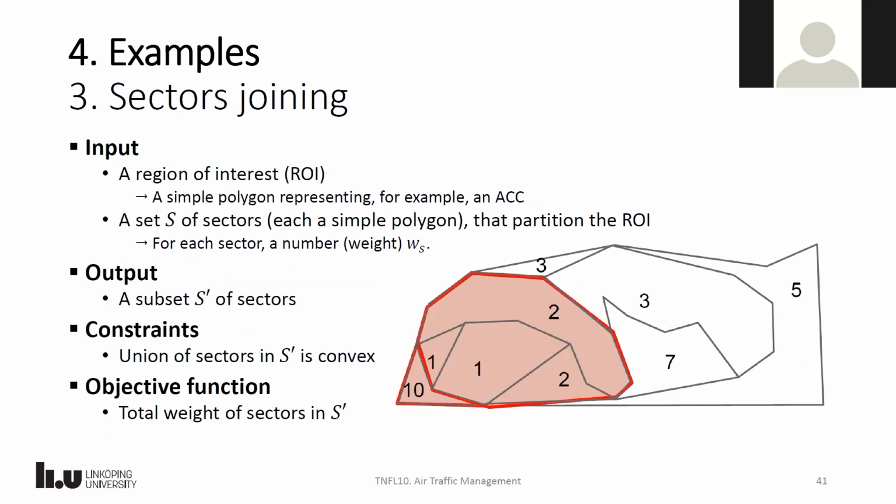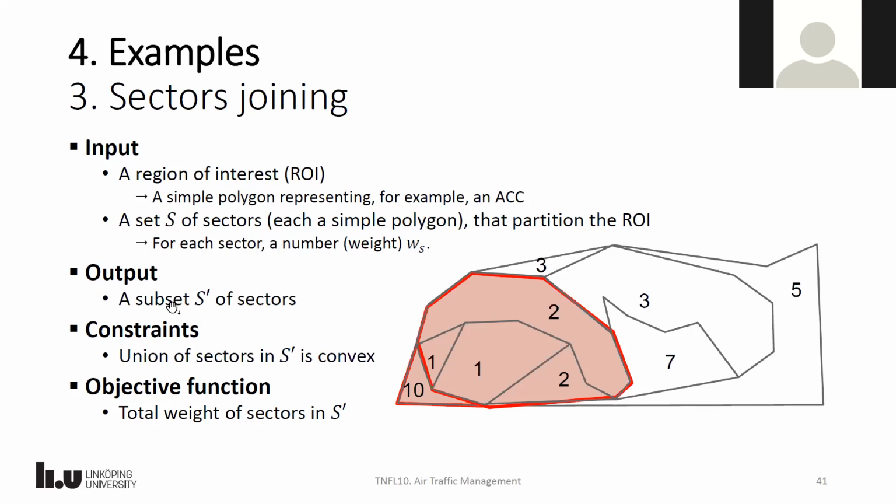And for last, we have another example, which is sector joining. This could be useful, for example, if we want to have one air traffic controller take care of multiple sectors or something like that. So we have as an input a region of interest. That's again a polygon representing the area control center. We have a set of sectors that partition the region of interest, and again we have a weight.